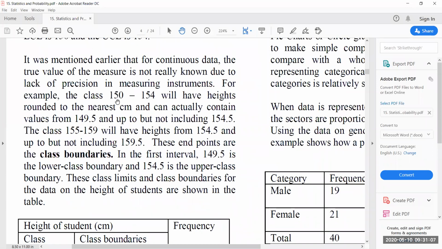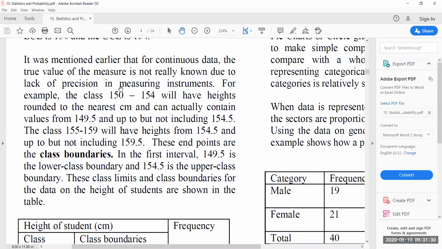So for example, the class 150 to 154 will have height rounded to the nearest centimeter and can actually contain values from 149.5 and up to values not including 154.5.